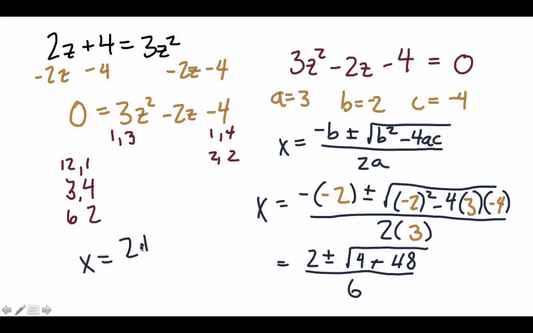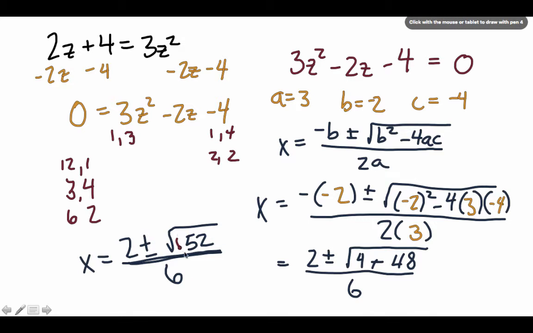X equals 2 plus or minus the square root of 4 plus 48 is 52, and then all that mess divided by 6. Notice that this whole thing is divided by 6. That'll be important when we try to simplify this. This is not completely simplified. We'll look at that in the next screen, because remember, we've got to check to see if there's any squares inside 52. So make sure you have all this written down, and I'm clearing it.